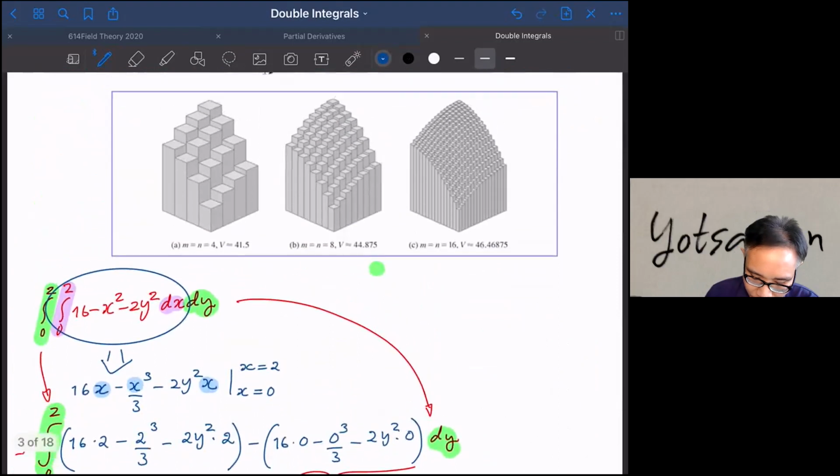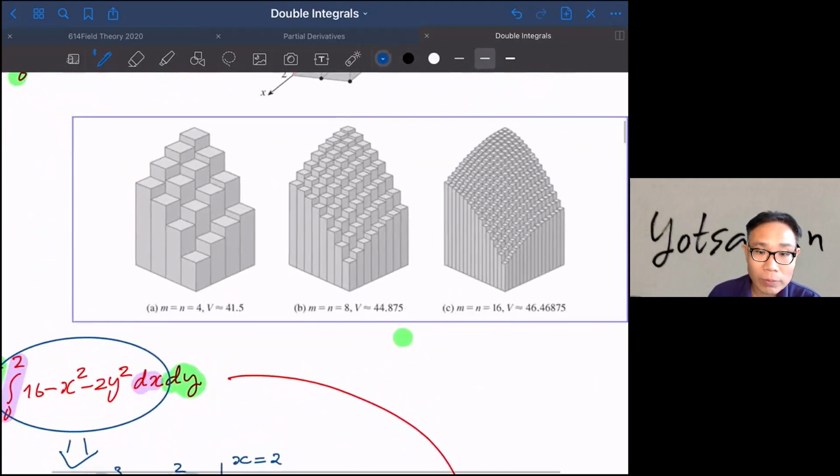So you see that if you compute the volume by computing the volume of the bars using the Riemann sum, with m equal to n equal to 4 you have 16 bars, and you sum the volume, you get 41.5. If you have 64 bars, which is a little bit finer, with m equal to 8, n equal to 8, the volume is equal to 44.875.